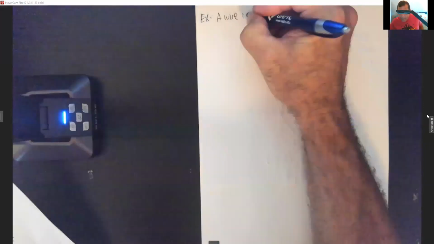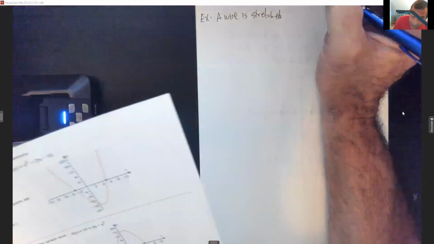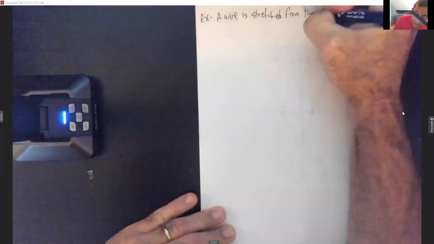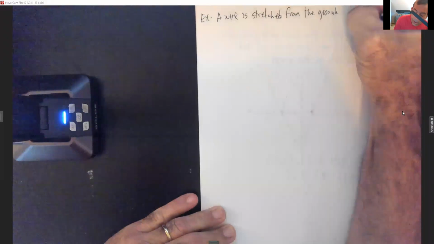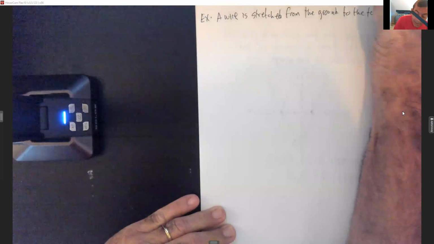So a wire is stretched from the ground to the top of an antenna tower.